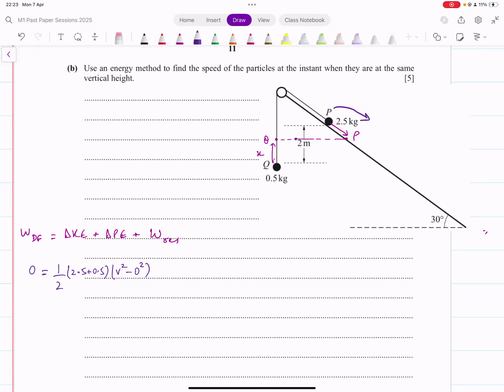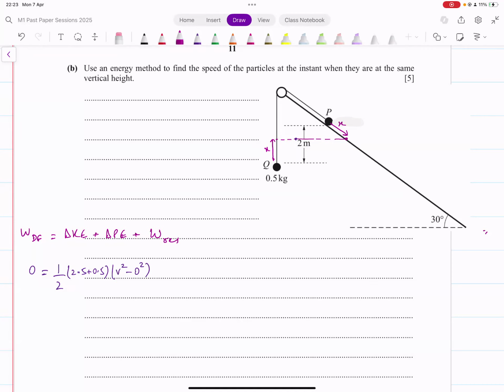That also moves X meters down the plane, right? Because they're connected. Whatever distance Q travels up, that's the same distance that P travels along the surface. That's also X.